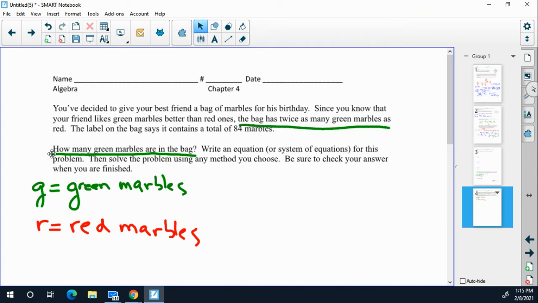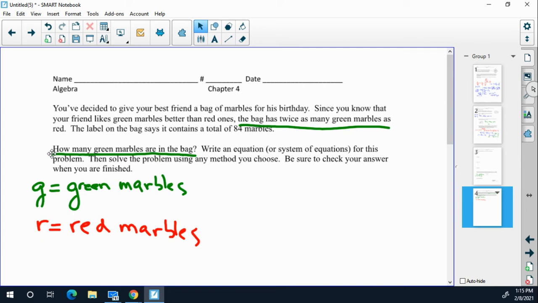Okay? Write an equation or systems of equations. Systems means it's going to be 2 equations, like you have over here that we're getting ready to solve. So you're going to have one simple equation and one equation that will have both variables in it. So you would solve for it. All right?